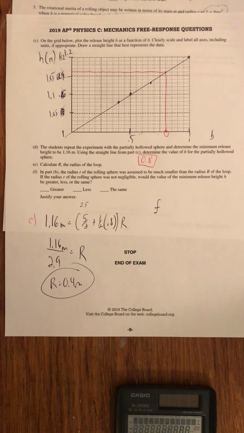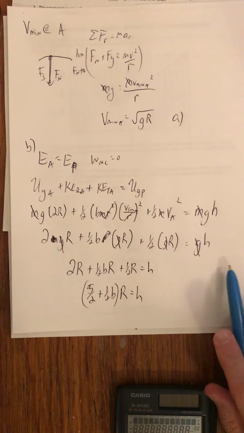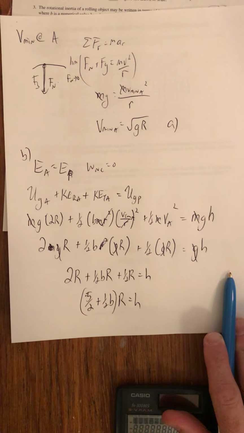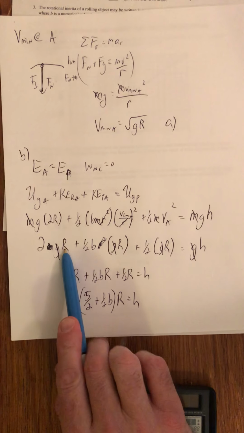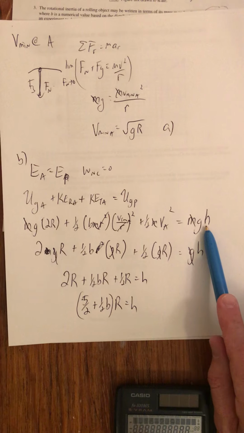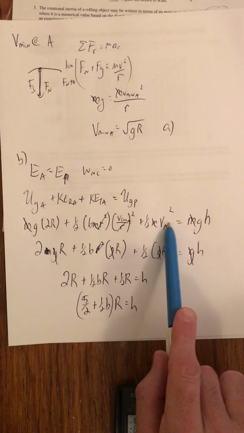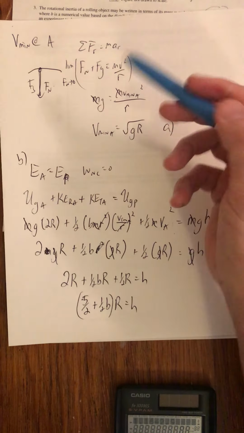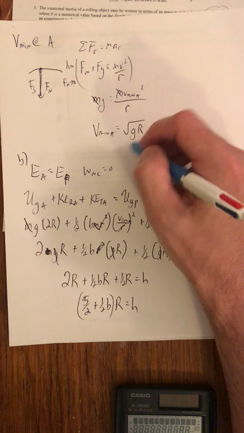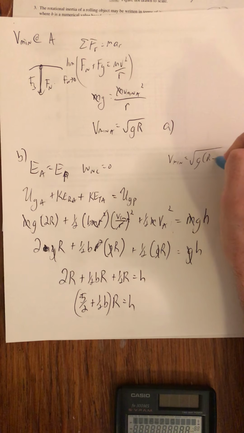Ooh, that's a great question. So let's go back to our expression. This would be the y initial, and this would be the height at there. What would happen if r is not negligible? What terms would change? Certainly v min would be the square root of g times (R minus little r).